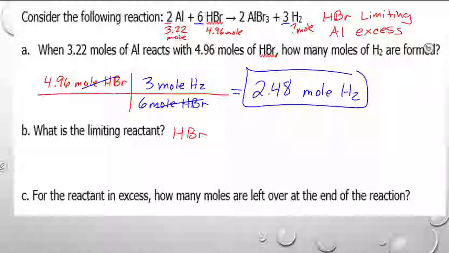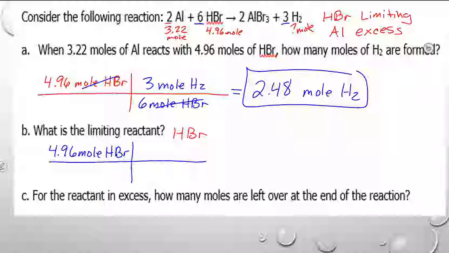Okay, on the bottom one, for the reactant in excess, how many moles are left over at the end of the reaction? So I'm actually going to write it above because it gets a little small down at the bottom and my pen doesn't write really well. Again, you want to start with what your limiting is, your 4.96 moles of HBr, and you want to change it into moles of aluminum.